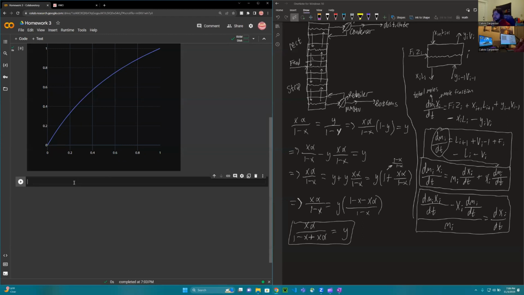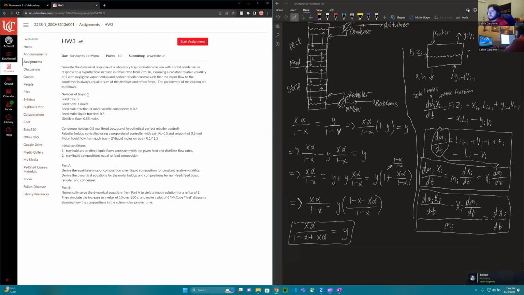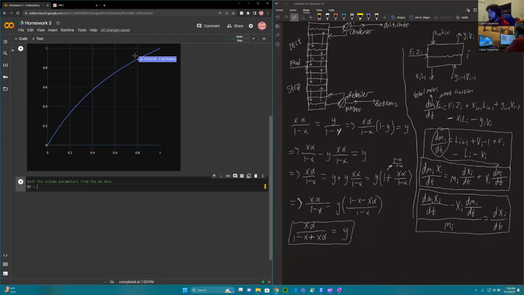Okay, so the next step that we're going to do is set the column parameters from the homework description. So nt is equal to 6. That's going to be the number of trays. And F equal to 3. It's going to be our feed tray. Then we have weir_constant is equal to 2, I think.